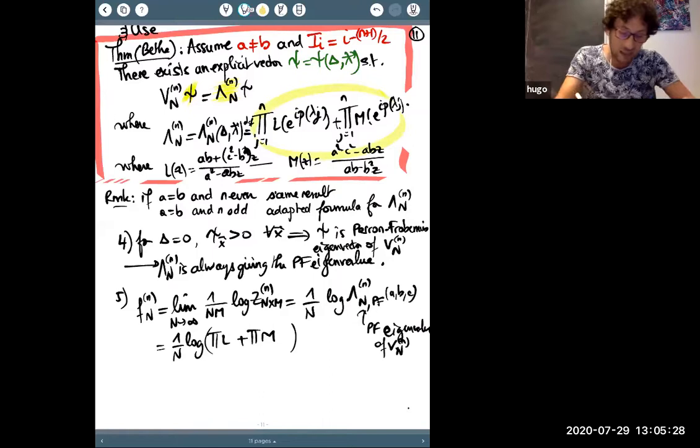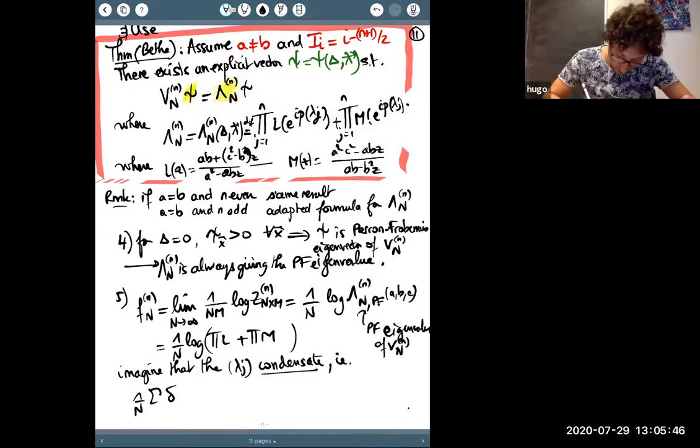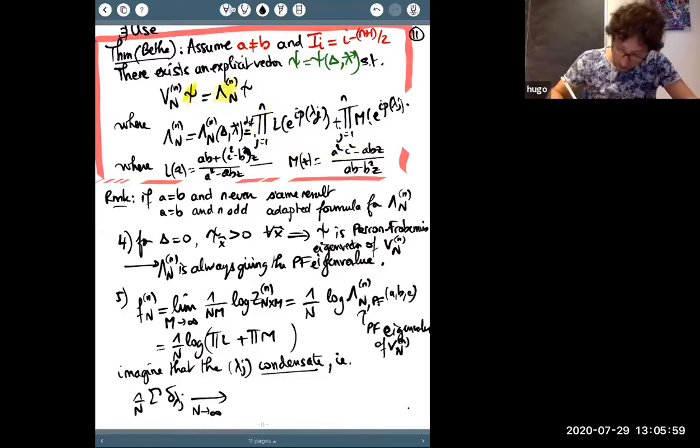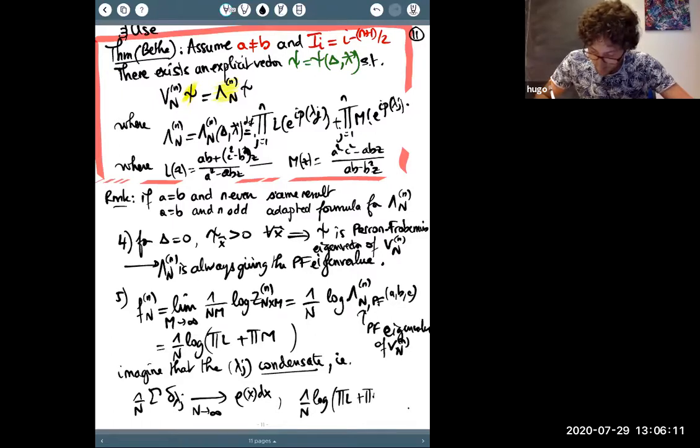So what remains in this last step is to wish for the best and imagine that the lambda J condensate. So what does that mean? What do I mean by that? I mean that maybe 1 over capital N, the sum of the delta lambda J, converges when n tends to infinity. You are entirely right. Sorry. Thank you. That this thing converges to a certain distribution, and then you can hope that the 1 over n times the log will have an asymptotic.